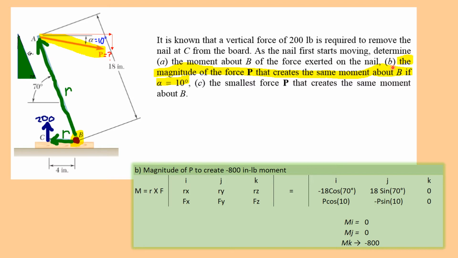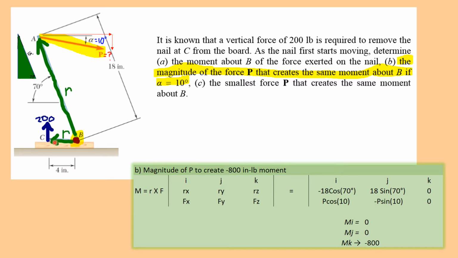Part B. Find the magnitude of the force P that creates the same moment about B if alpha equals 10 degrees. So let's label what they give us here. If alpha is 10 degrees, we're going to find out what this force is if we're going to create 4 times 200, an 800 pound-inch moment going on over here.